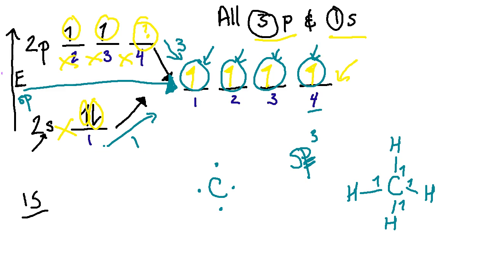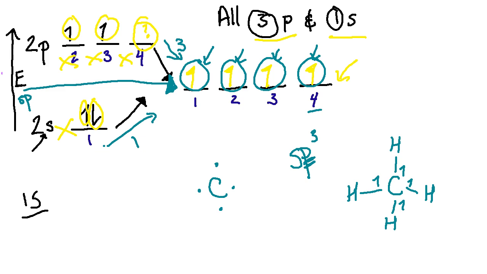And then, of course, hydrogen would need to bring its own corresponding electron in order for the covalent bond to occur and that sharing of electrons to occur. All right, so that's sp3, again associated with tetrahedral geometry, and it's associated with all sigma bonds.